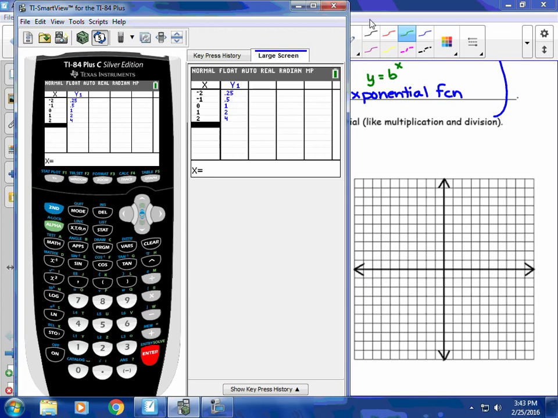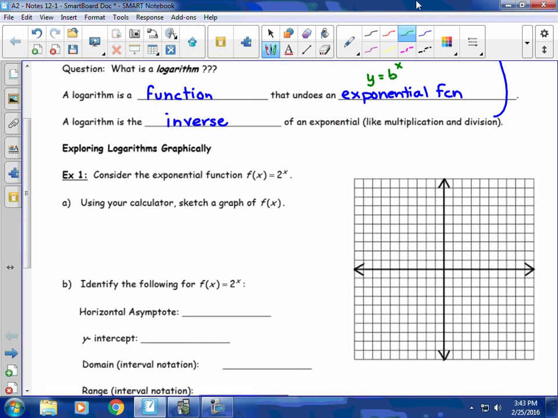And that just confirms what we already know. If I make a table of values over here, I've got x and y. I'm just picking -2, -1, 0, 1, and 2, so I have a good representation of points there. And I'm doing this without my calculator. I would usually start with 0. 2 to the 0, you all know, is what? 1.